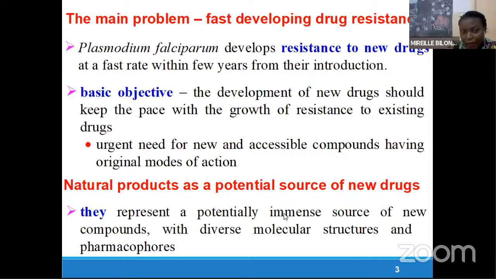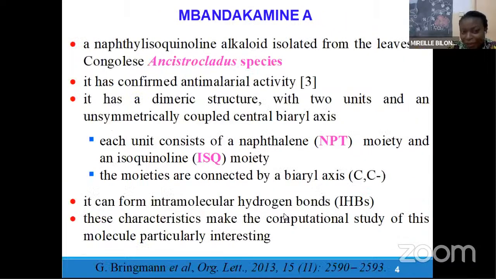So my natural product is mbandakamine A, which is a naphthylisoquinoline alkaloid isolated from the leaves of Congolese and Australian species. This molecule has confirmed antimalarial activity. It has a dimeric structure which has 2 units and 2 asymmetrical central biaryl axes.